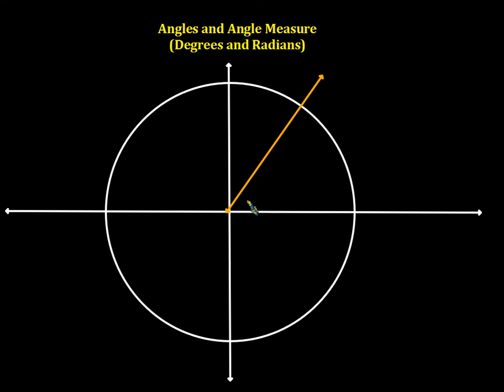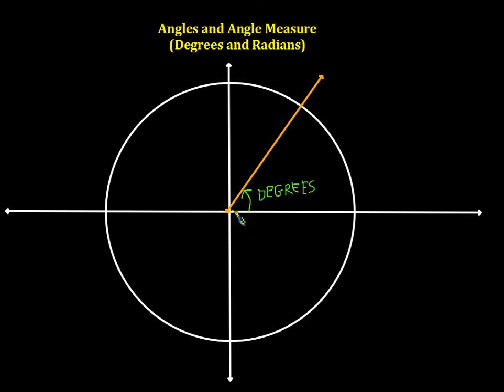So with this idea in mind, we will call the measure of an angle the amount that you turn when you go from the initial side to the terminal side. We would call that an angle, and we'll measure that in degrees. But we have something else that's related to that.